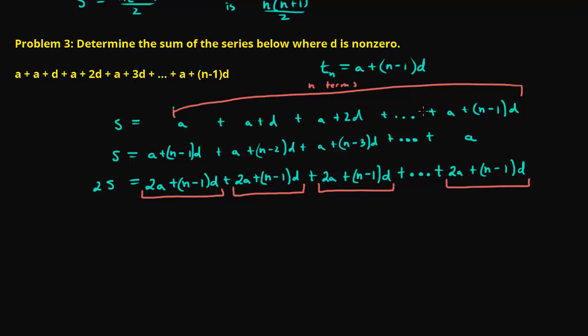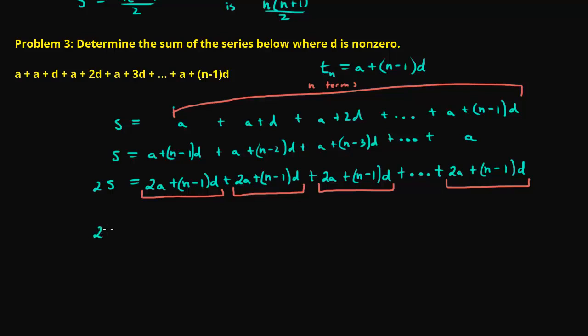So the question is, how many times have we added 2a plus n minus 1 times d? Well, there were n terms in the original series, and n terms in the reversed series, and we matched them so that each pair of matching terms adds to 2a plus n minus 1 times d. So there should be n of these terms.